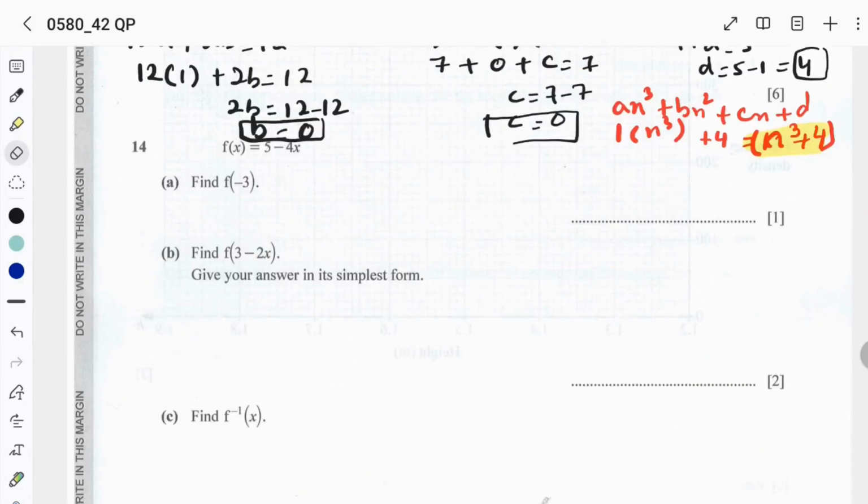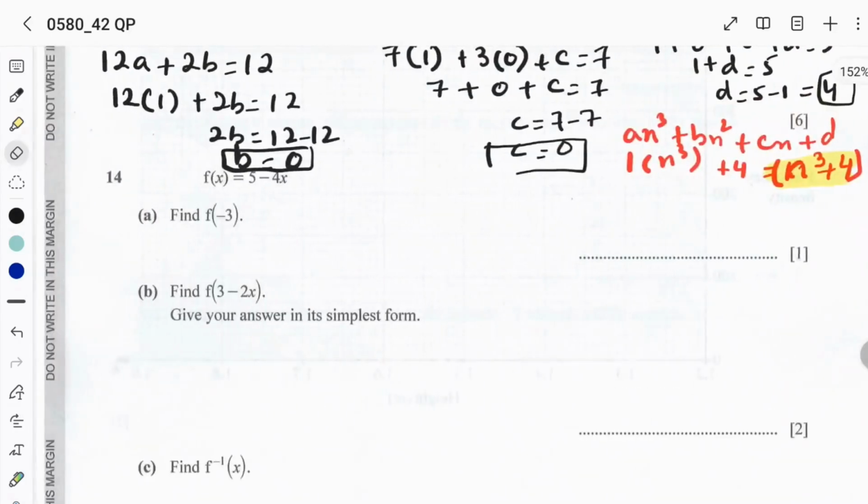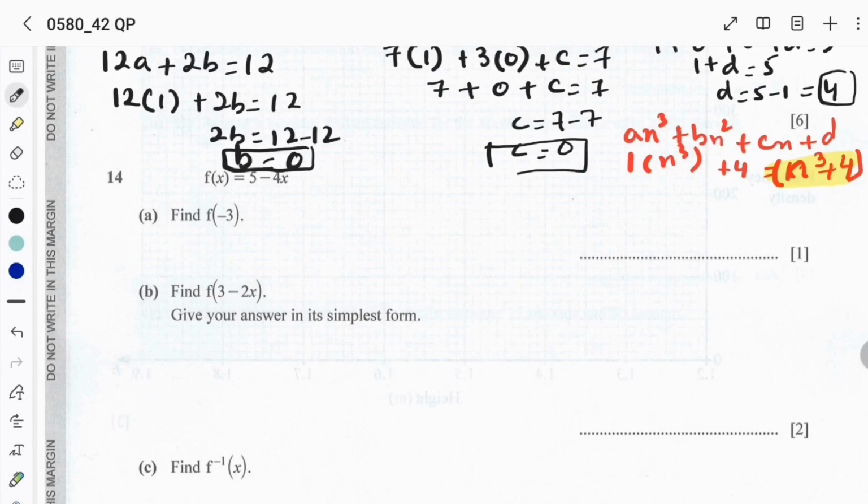Question 14, function question. f(x) is equal to 5 minus 4x. And with minus 3, they are asking us to find f(-3). So in place of x, just substitute minus 3: 5 minus 4 times minus 3. That is 5 plus 12, which is equal to 17. So 17 is the answer. Very easy question here. Part B, f of 3 minus 2x.